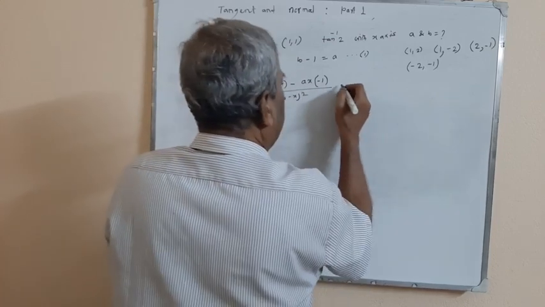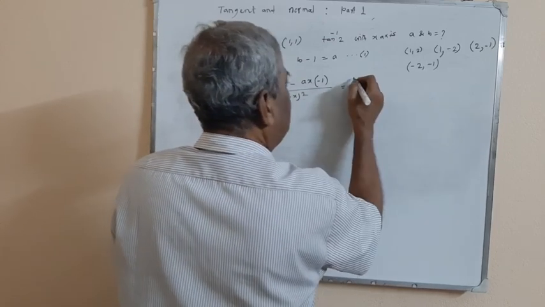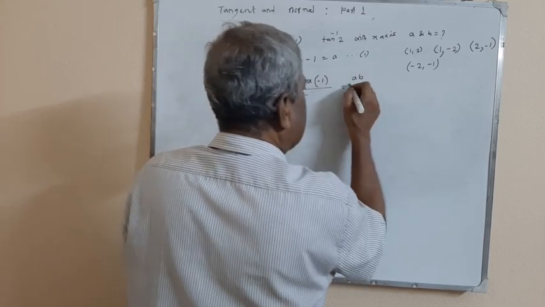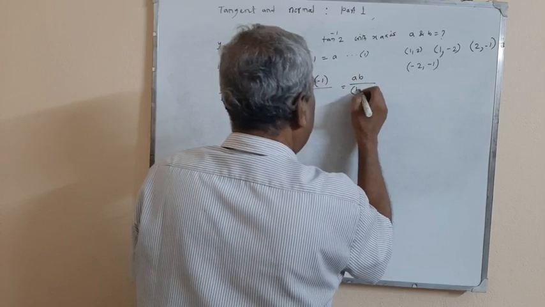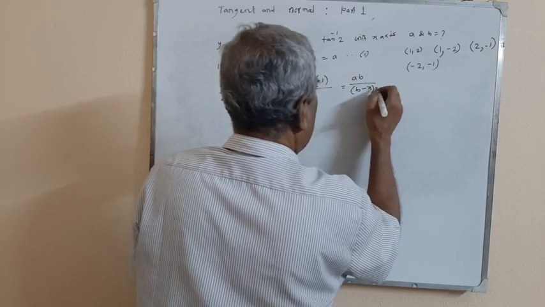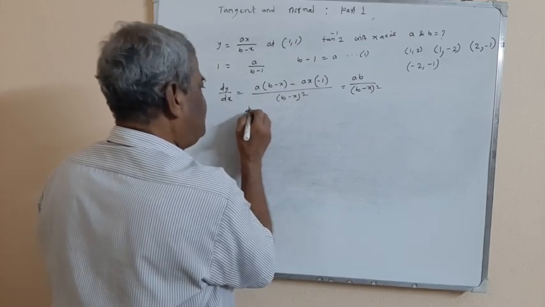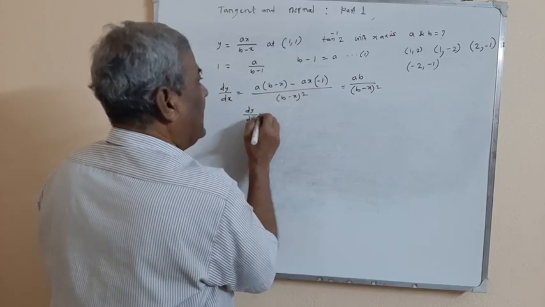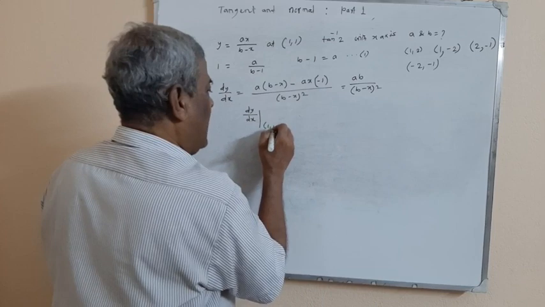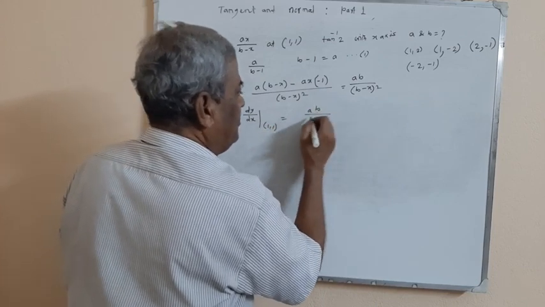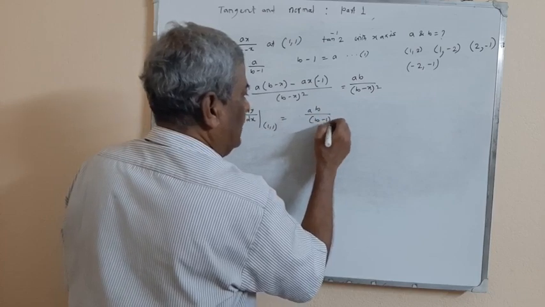That is, it is ab - ax + ax, the ax cancels, so ab/(b - x)². So dy/dx at the point (1, 1) is ab/(b - 1)².